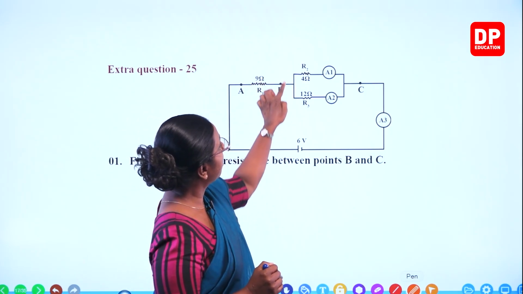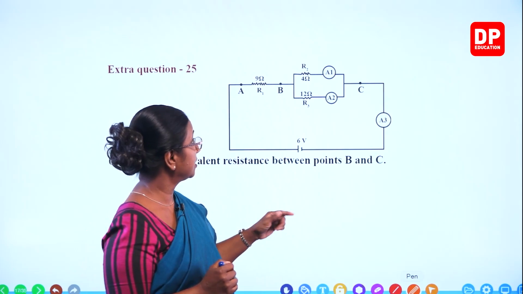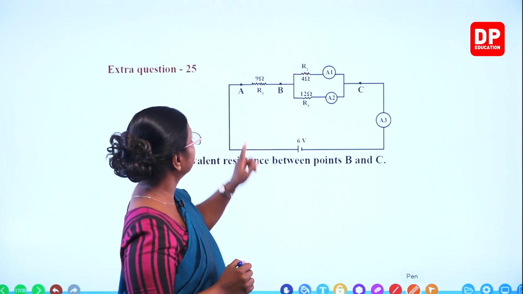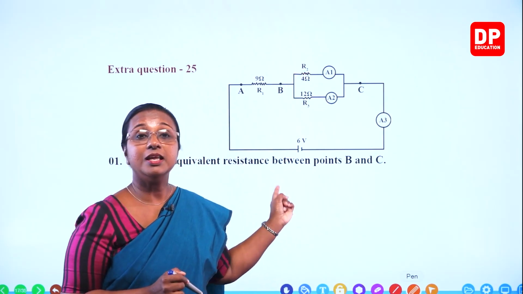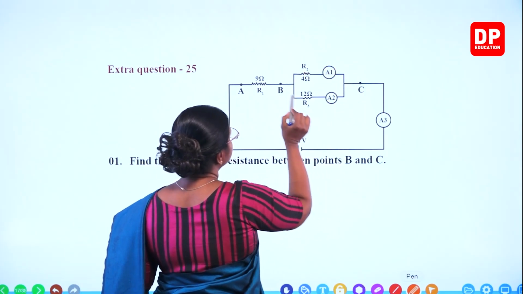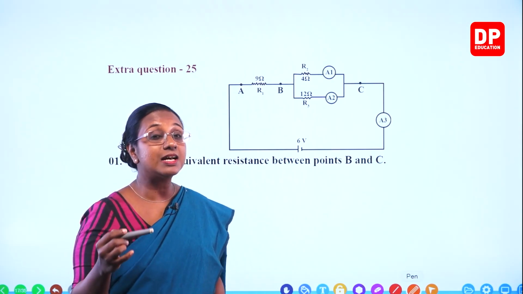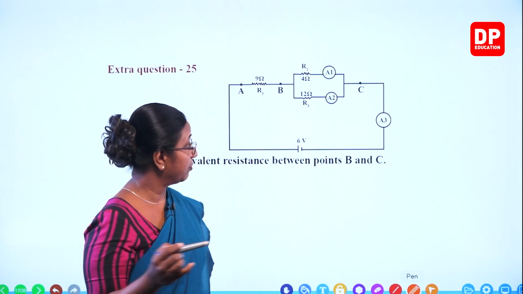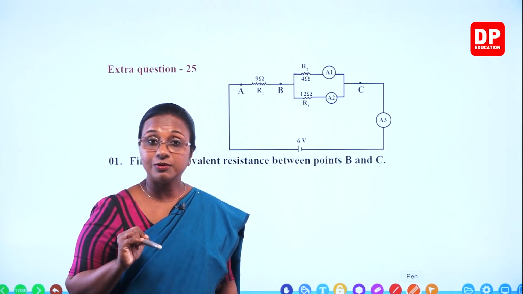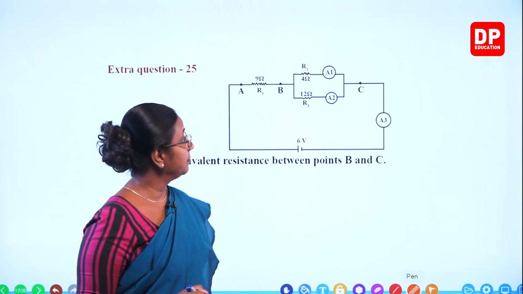So if you take R2 and R3, they are connected in the parallel combination. But these two together with R1, it is a series combination. So this part is in series with R1. We have discussed similar questions like this before. I have explained how to calculate equivalent resistance for these type of combinations.